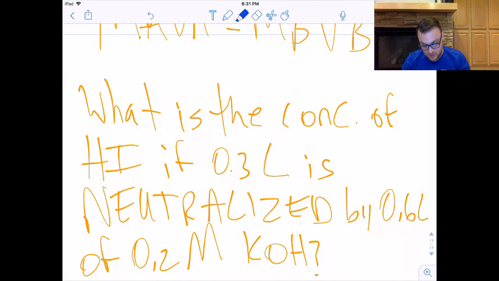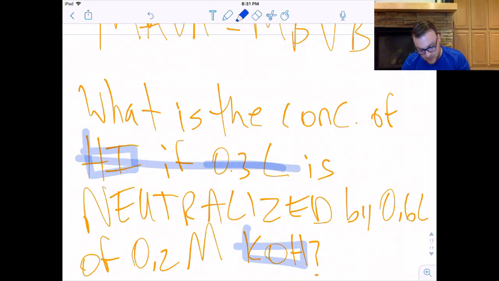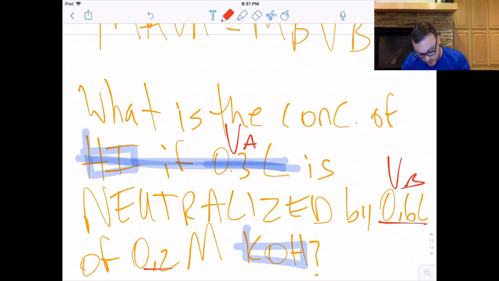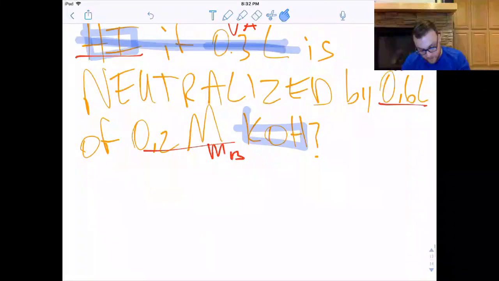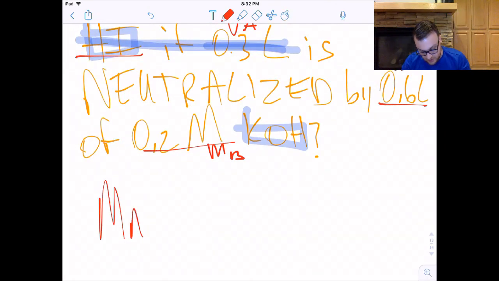Volume of your acid right here, so that is your VA. Volume of your base, concentration of your base. What is it asking for? The question is, what is the concentration of HI, where HI is your acid. So, concentration of our acid, unknown, times volume of your acid equals concentration of your base times volume of your base.